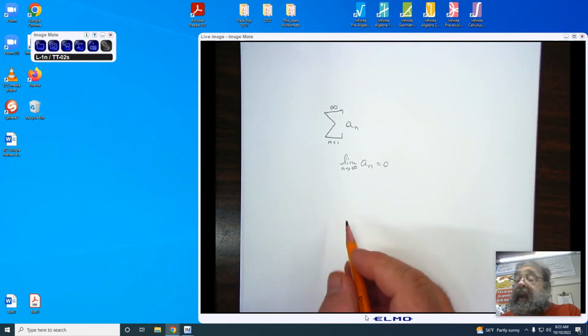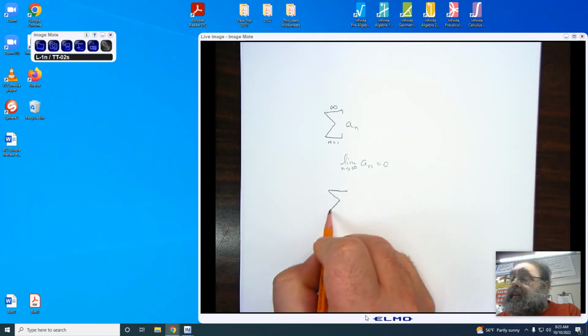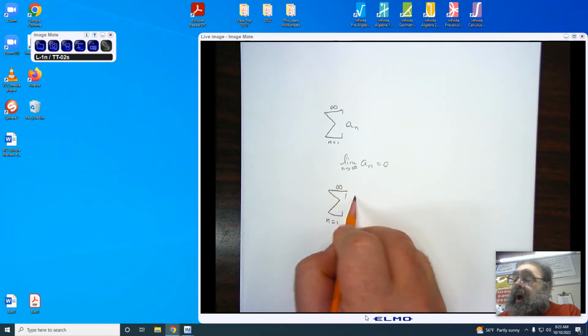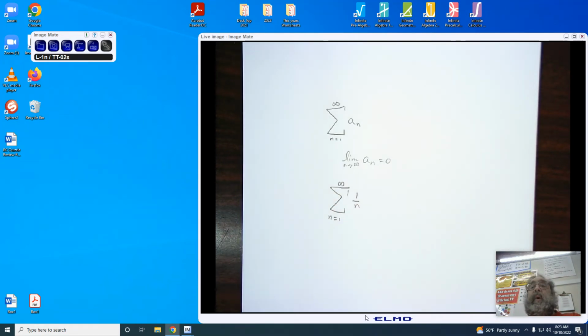For example, if I'm looking at the summation as n begins at 1 and goes to infinity of 1 over n. Now we know this is the harmonic series, and we know the harmonic series as an integration is going to diverge. We saw that when we were working with our improper integrals.